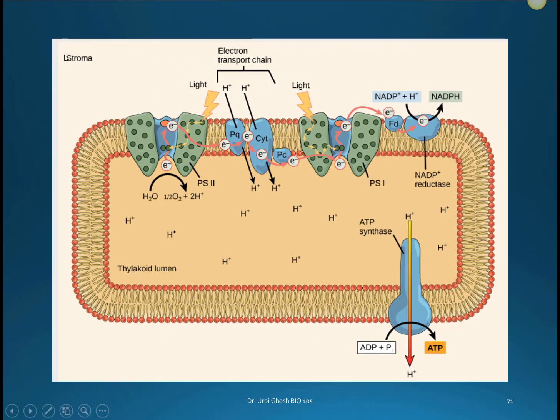So if you look at this picture, here's the stroma of the chloroplast, here's the thylakoid lumen, and this is the thylakoid membrane. So you have photosystem 2 here, photosystem 1.